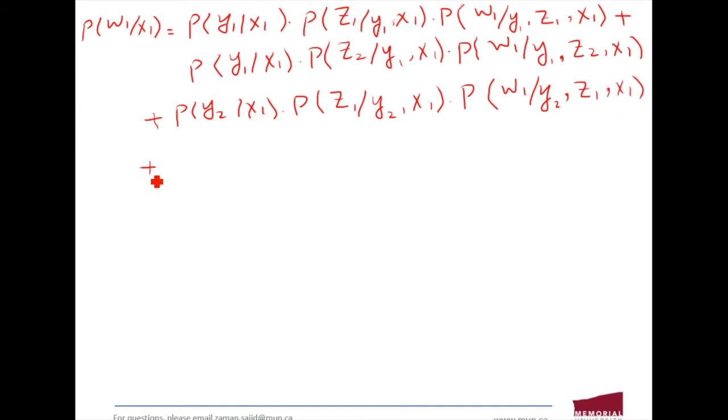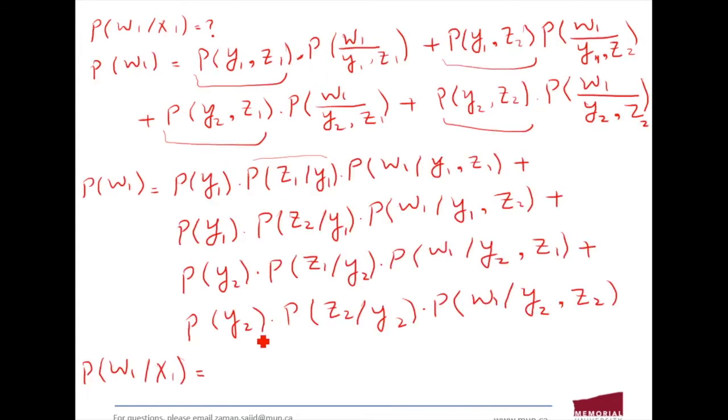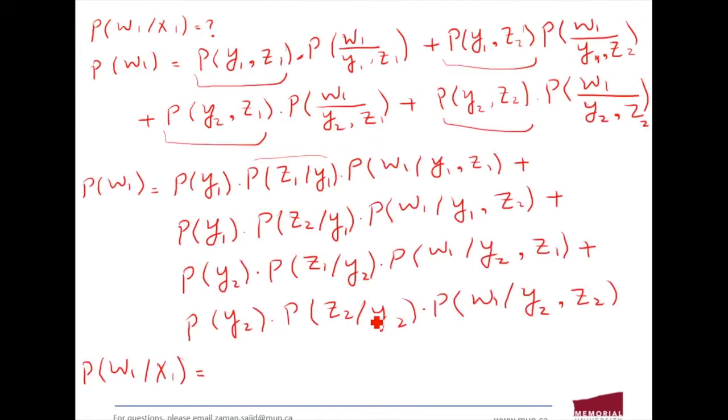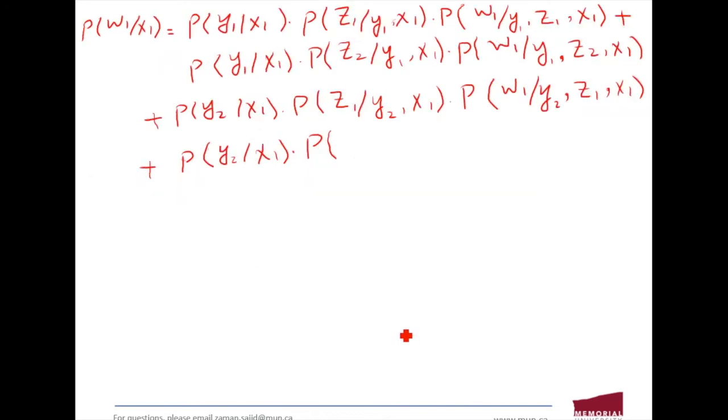Plus the last term will be the probability of Y2 given that X1, now the second term is Z2 given that Y2, it should be taken as Z2 given that Y2 and X1.